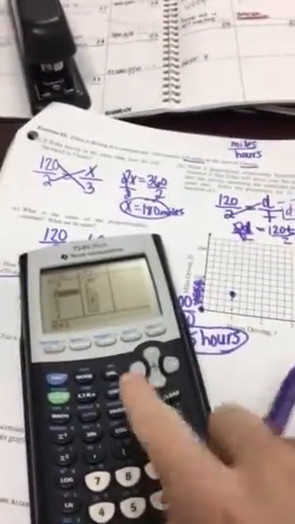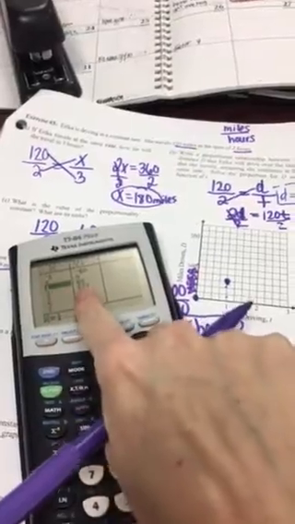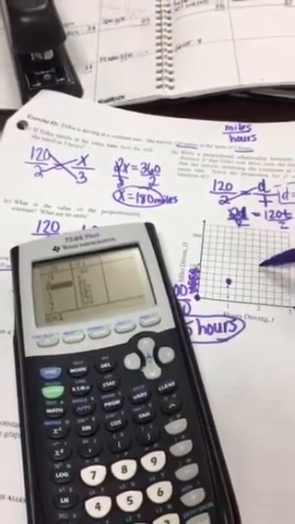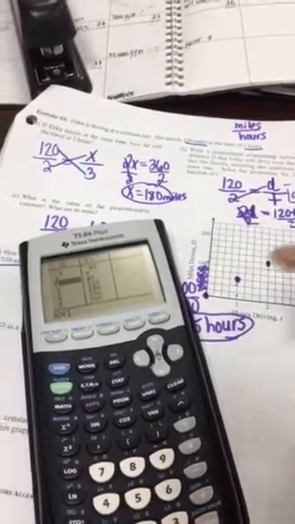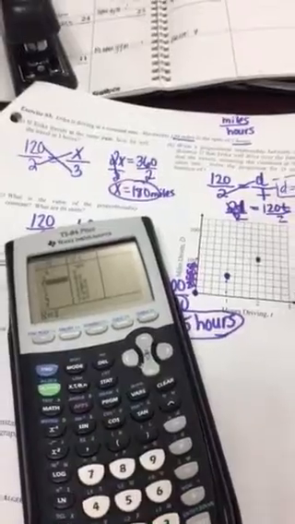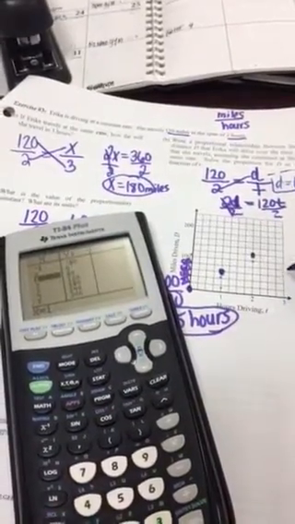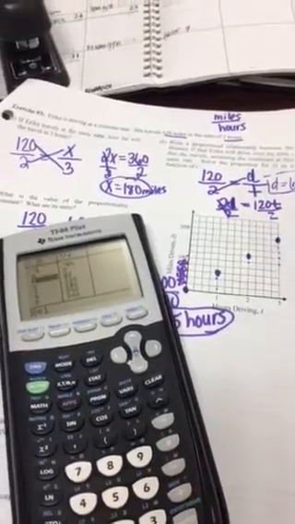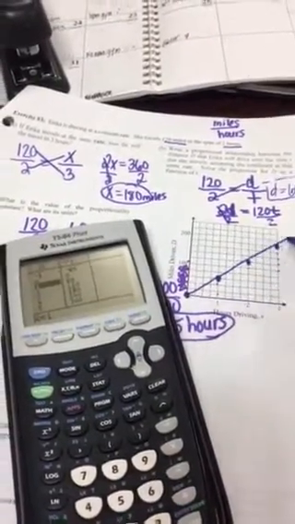Okay, at 2, she goes 120. So at 2, I got to go up to 120. Here's 100, 120. And at 3, she goes 180. So at 3, I'm going to go up to 180. Here's 100, 120, 140, 160, 180. This is my graph.